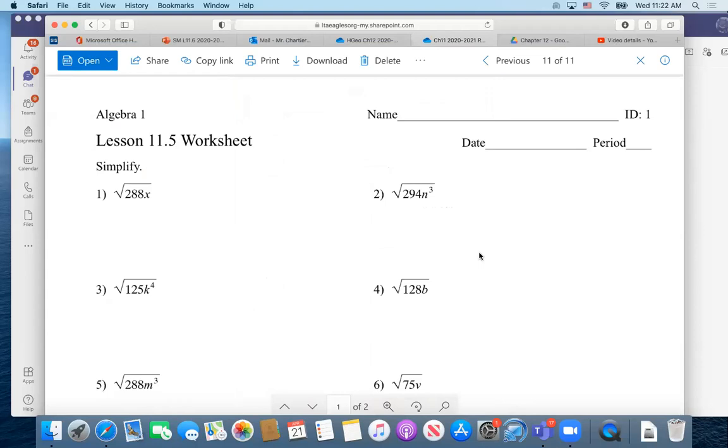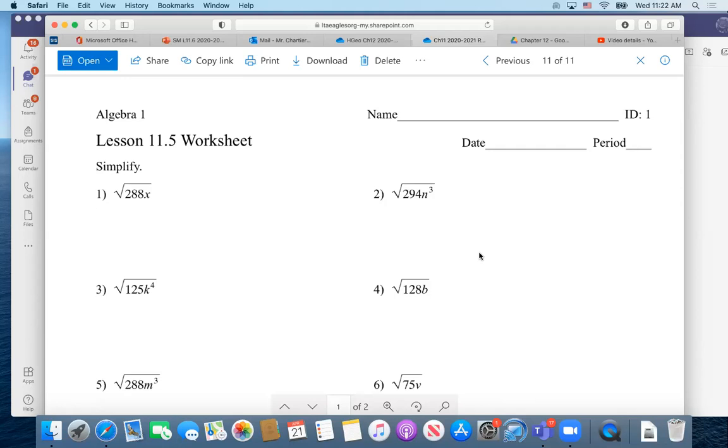So we got that big ugly number 294. 294 ends in a 4. What multiplied by itself is a 4? That's a little bit more challenging. So whenever you get a large number like 294 and nothing strikes you, you're just going to go through each possible perfect square.